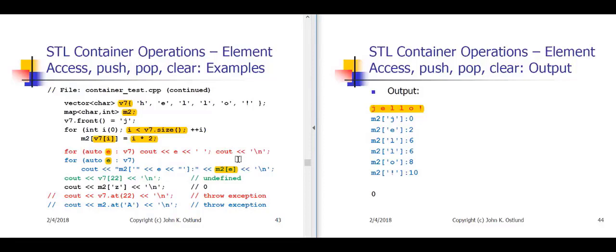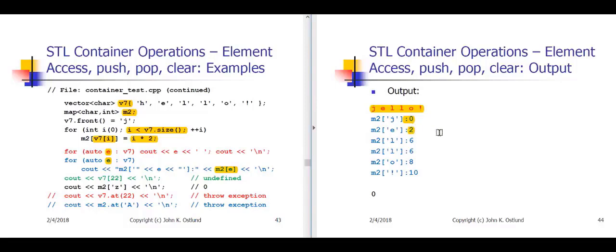Okay, so this loop is going to run 6 times. The first time through, e is going to be set to little j, and I'll be told that M2 sub little j is 0. The next time, e is set to little e, and I'm told that M2 sub little e is 2.